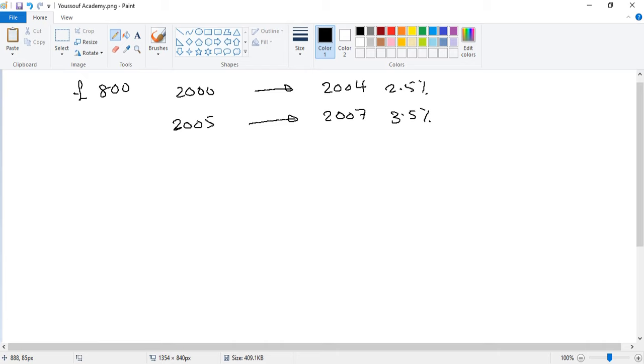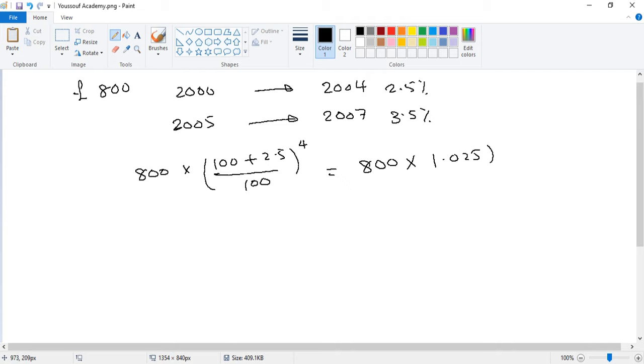First of all, we have 2000 to 2004. We have 4 years. It will be 800 times (100 plus 2.5 over 100) to the power of, how much? 4 years. That's equal to 800 times 1.025 to the power 4.